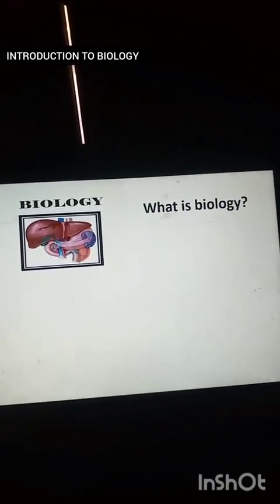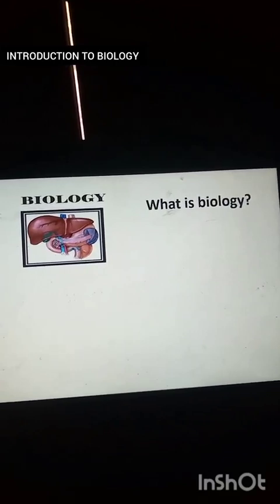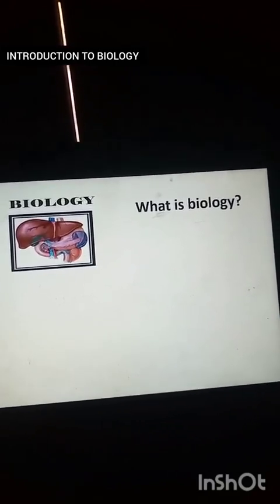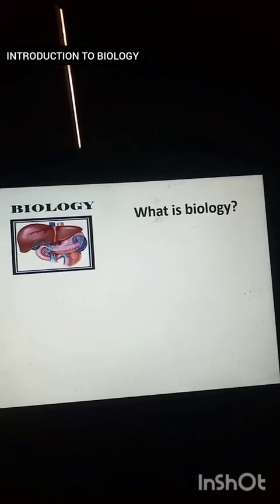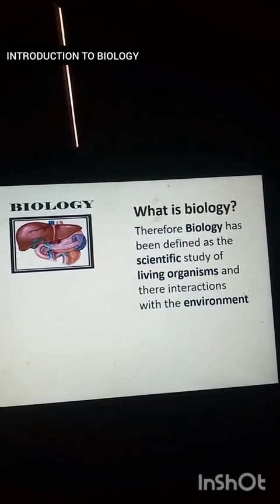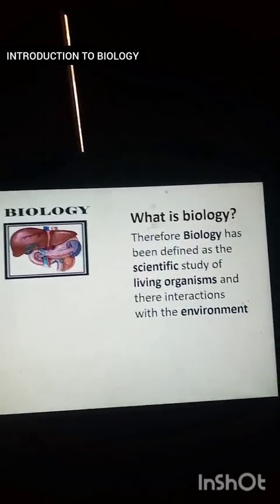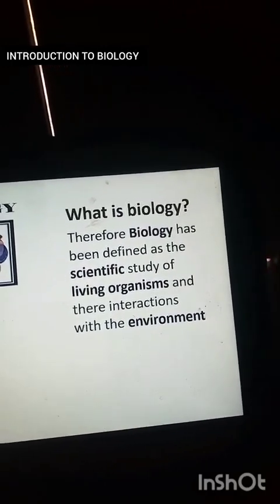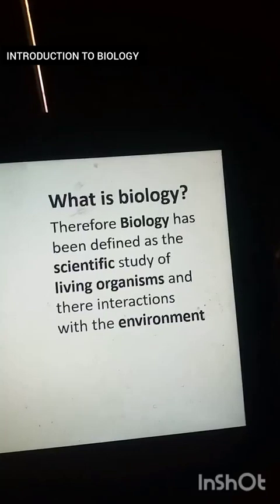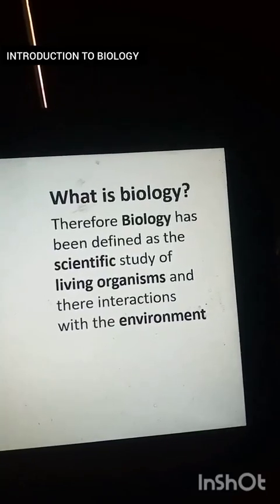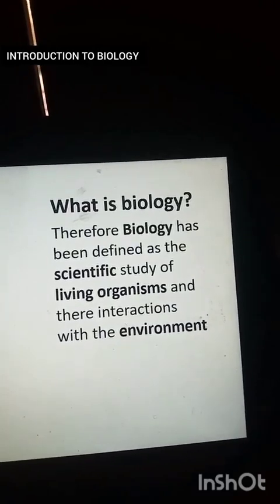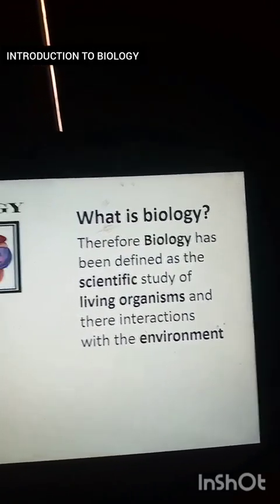How can we define biology if bio means life and logos means study, science, or knowledge? Biology can therefore be defined as the scientific study of living organisms and their interactions with the environment. It is simply the scientific study of living organisms and their interactions with the environment.